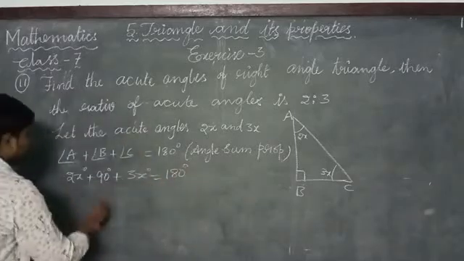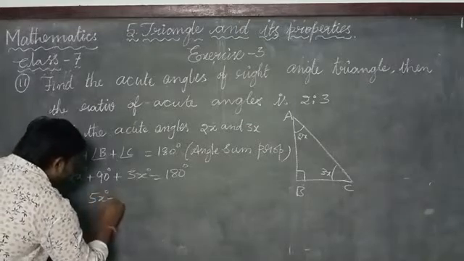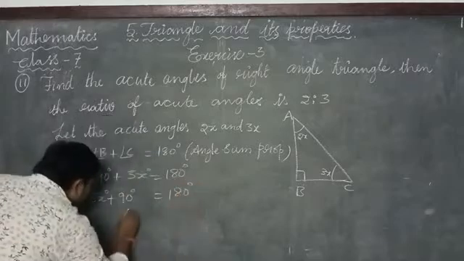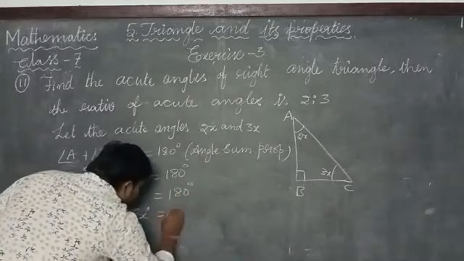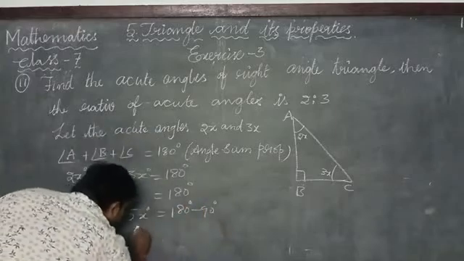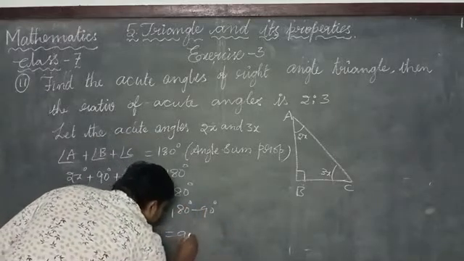It means 2x plus 3x, 5x degrees, plus 90 degrees equals 180 degrees. Here 5x degrees equals 180 minus 90 degrees. Then 5x degrees equals 90 degrees.